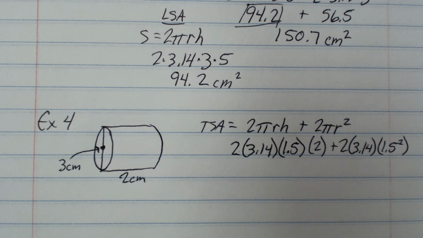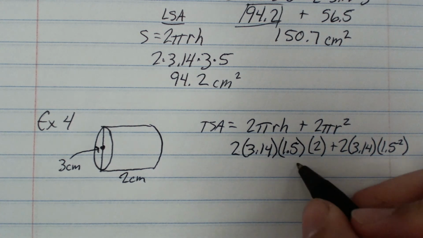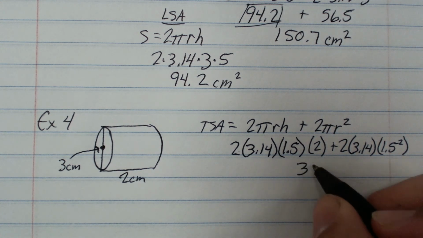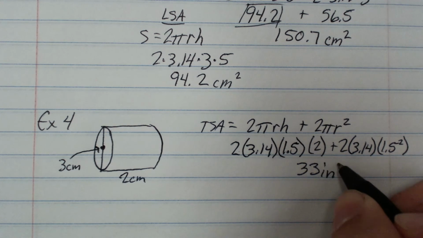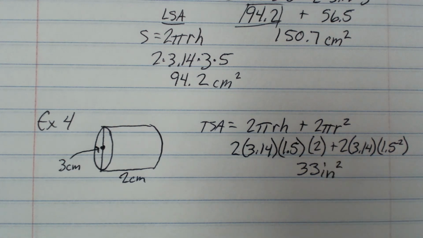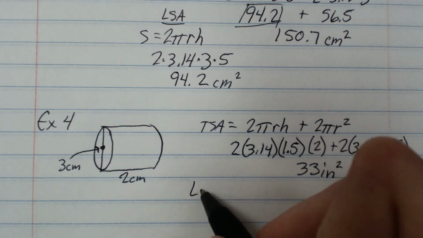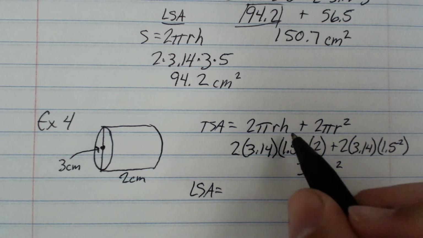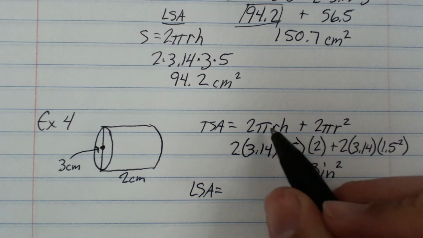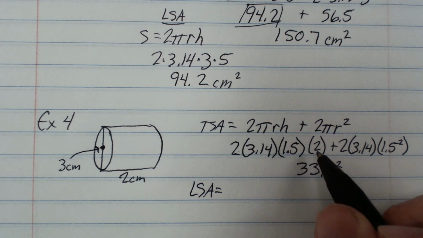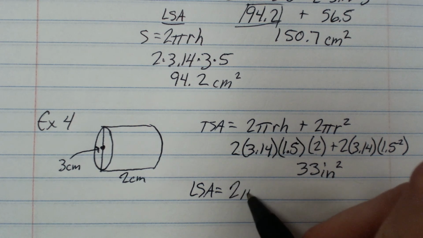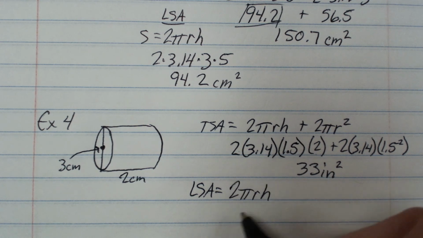When you put all that in your calculator, again, you can do it all at one time. It comes out just fine. You get 33 squared. If you do the lateral surface area, again, it's just this first part right here. It's the 2 pi r squared. I'm sorry, 2 pi rh.